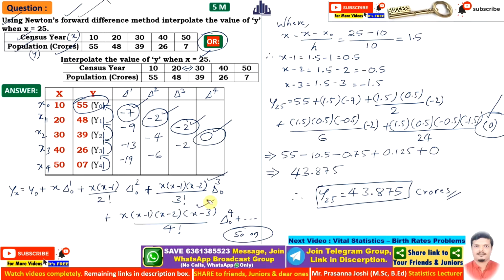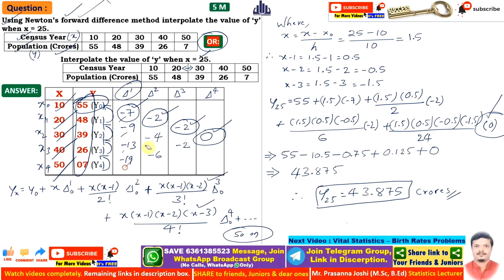So we have to observe in that case the given number of observations. Here it is 1, 2, 3, 4, 5 number of observations given. These 5 observations, look at the y values also. Those are 5 in number. When we have taken first order difference, those values became 4. 1, 2, 3, 4. And then further they became 3. 1, 2, 3. And then further they became 2. And then further only 1.